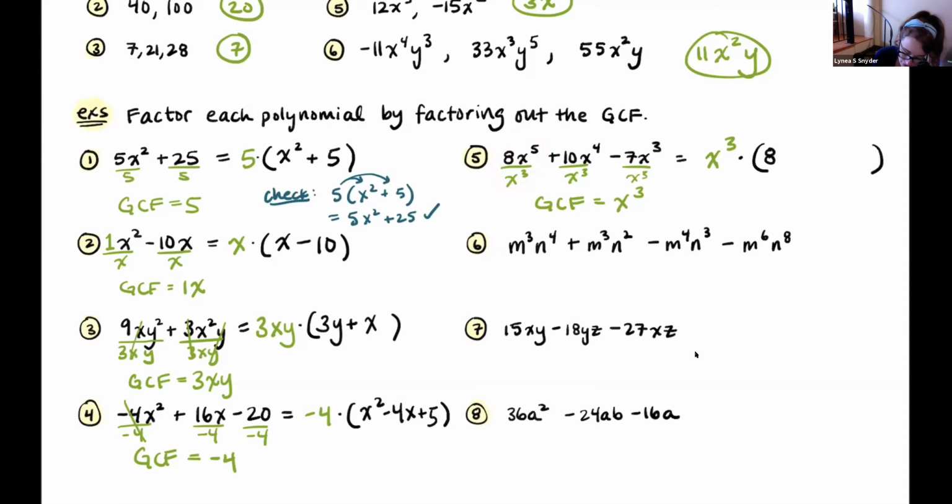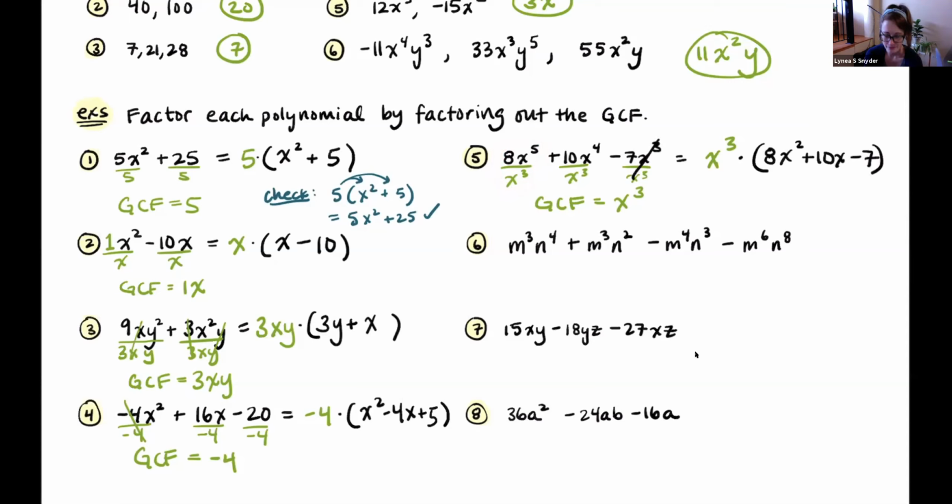X to the 5th over x cubed, we subtract the exponents, so we'll get x squared. 10x to the 4th over x cubed will be 10x to the 1st. -7x cubed over x cubed, that'll just be -7, right? X cubed over x cubed cancels to give you 1. And there we go.